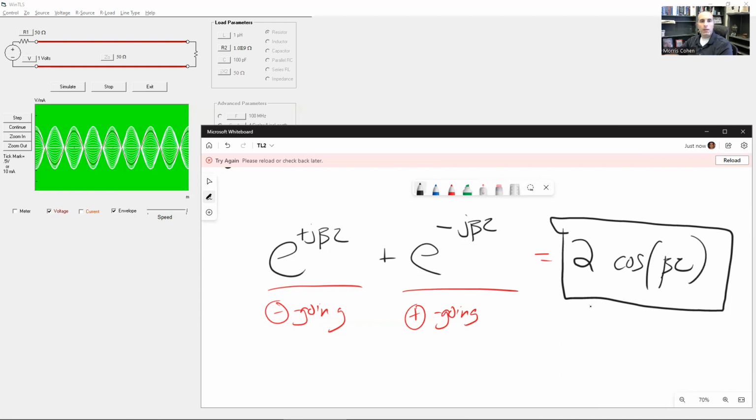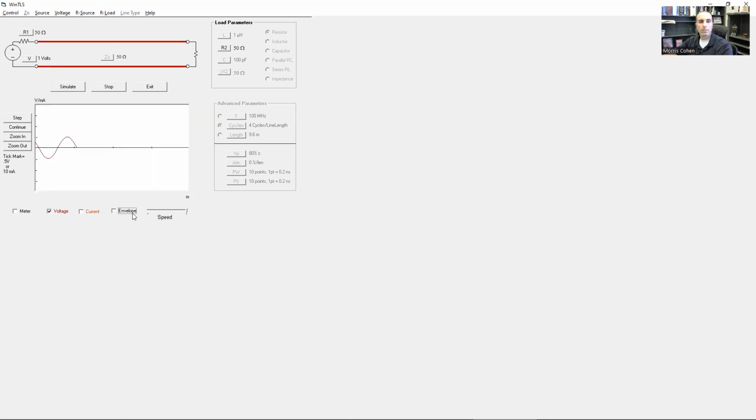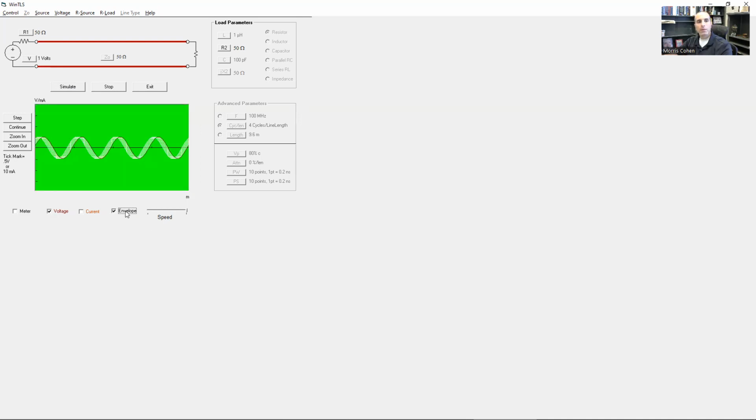All right. And so again, anywhere you stand, you see the same phase, but let's go back to the perfectly matched case. I'm going to click this envelope again. Number one, the amplitude of the signal that you see is the same everywhere. If you walk around with a voltmeter, you see the same RMS voltage everywhere.